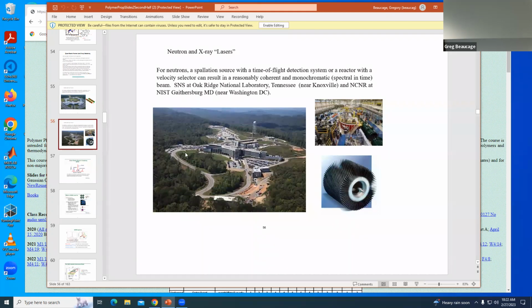The other way is spin echo. Neutrons can be polarized. The neutron has a spin, like in NMR, and it creates a magnetic field with the spin. If you apply a magnetic field, it can make that spin tilt.